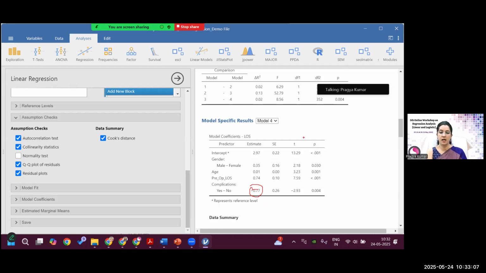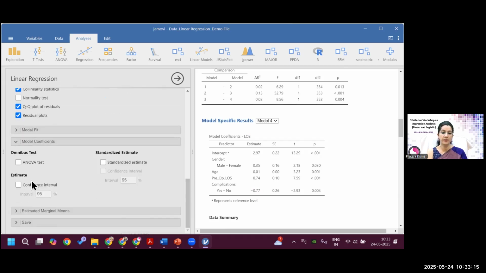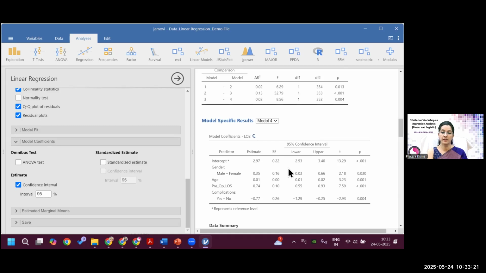So that is how, again, in the table, you can click on the standardized and unstandardized residual. If you see the model coefficient, this is the confidence interval of this estimate. So this is the lower and upper confidence interval, and the standardized estimate lets you compare these betas. If I click on the standardized estimate, it divides by the standard error of the residual.